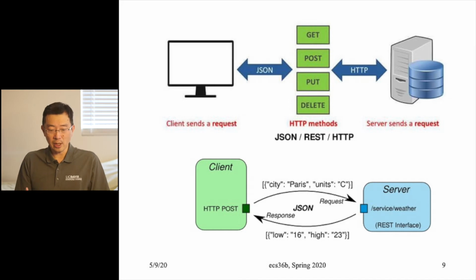Okay, so essentially I'm trying to ask the server to update its web page from maybe Fahrenheit to Celsius, and therefore it's going to send back a result that's also a JSON, saying this is the range of the temperature we currently observe in Paris.